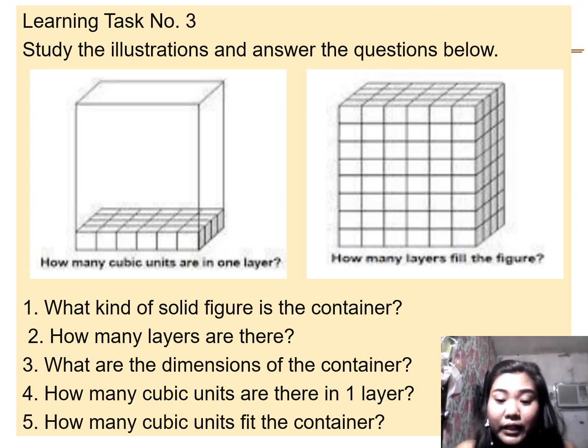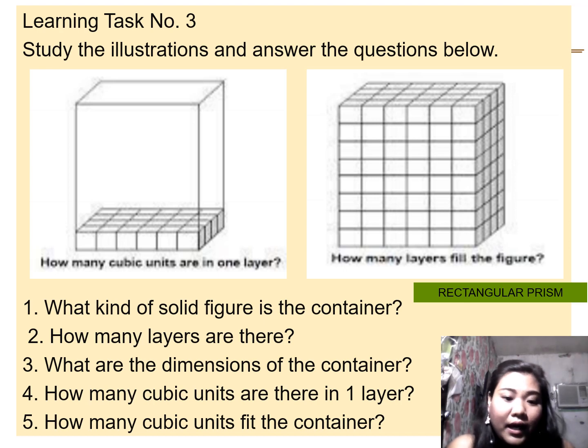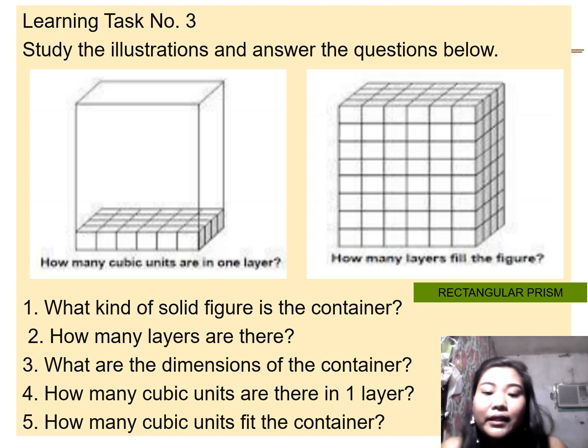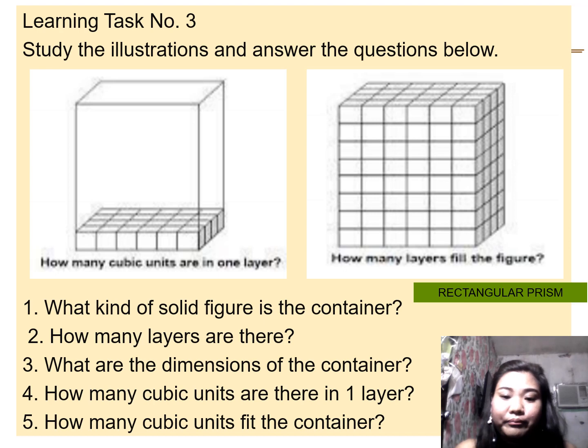Very good. It is what we call a rectangular prism. How many layers are there? How many is its height? Let's count. 1, 2, 3, 4, 5, 6, 7, 8.